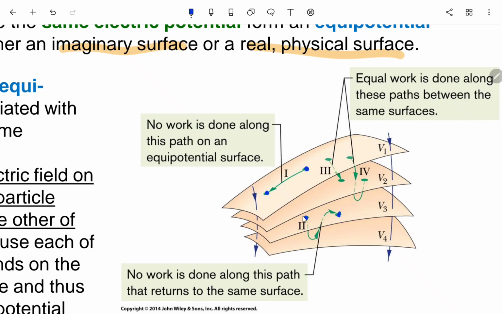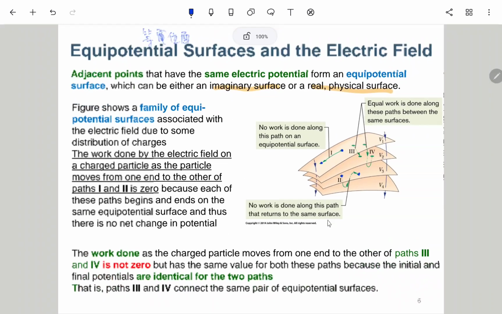But still the potential change here is 0 because it doesn't relate to the path. It only relates to the final point and the starting point. So for paths 1 and 2, the work done or the potential change will be 0.